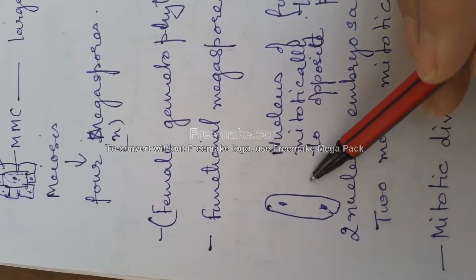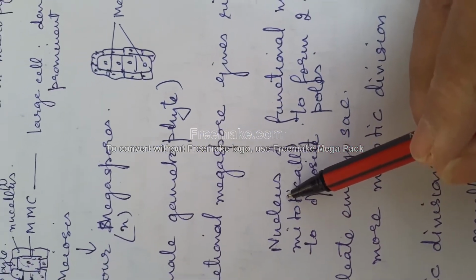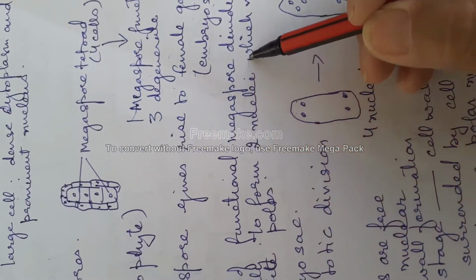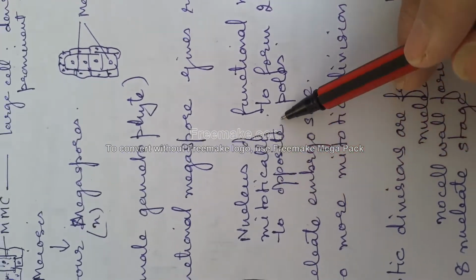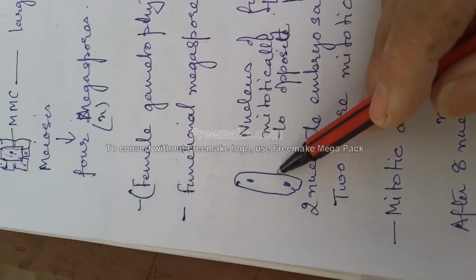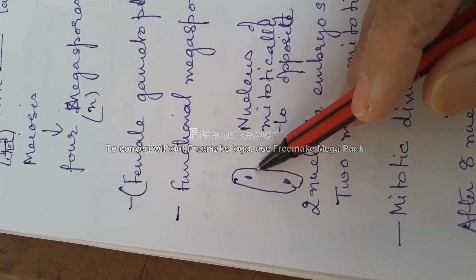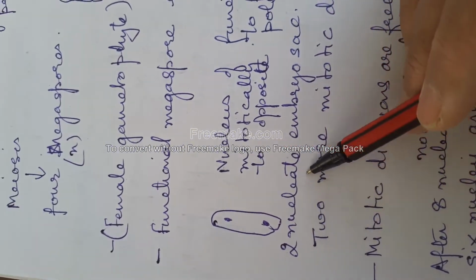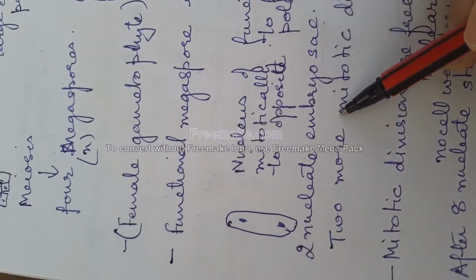Inside the functional megaspore, the nucleus divides mitotically to form 2 nuclei which move to the opposite poles. Like here the nucleus divides and moves to the opposite poles. So this is also called a 2-nucleate embryo sac.